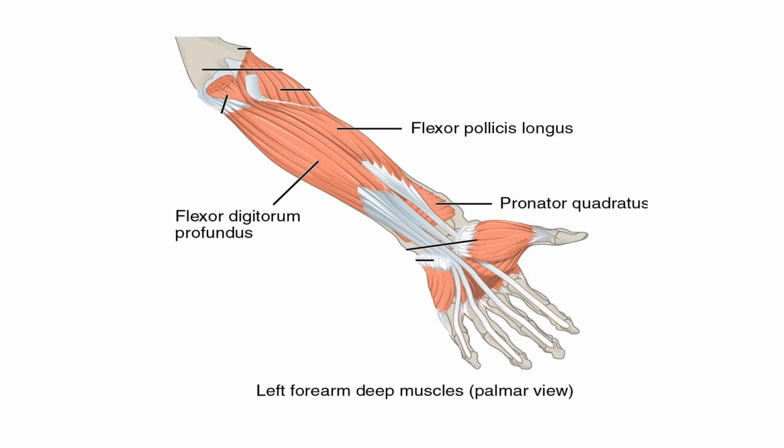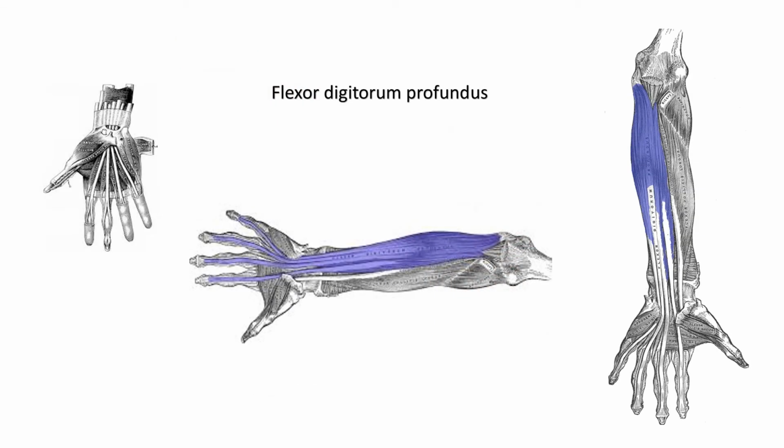There are three muscles in the deep anterior forearm: flexor digitorum profundus, flexor pollicis longus, and pronator quadratus. Flexor digitorum profundus originates from the ulna and associated interosseous membrane.